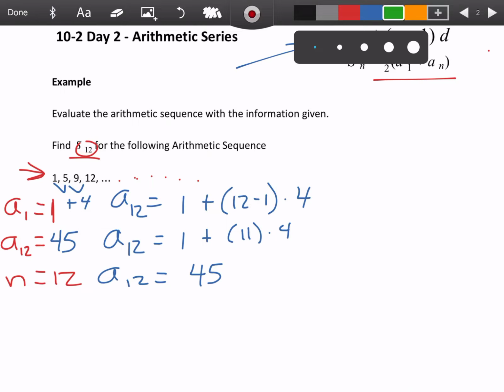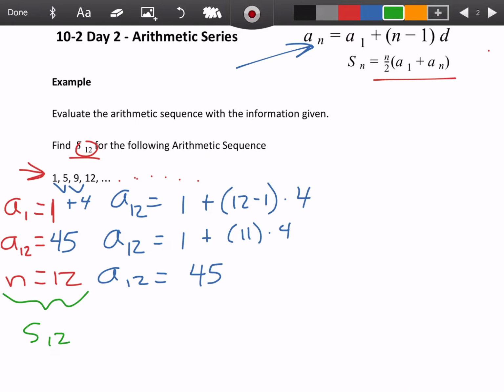Now that we have all those three things, we can find our S of 12. We have S of 12 equals n divided by 2, so this is 12 divided by 2, times our first term of 1 plus our last term of 45. This really turns into just some arithmetic.